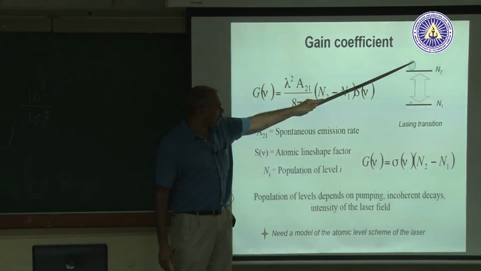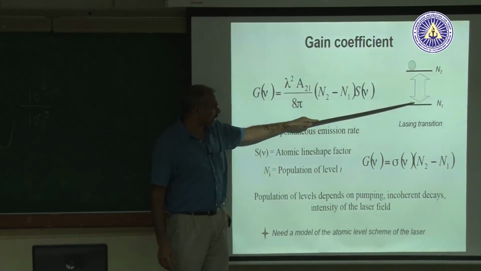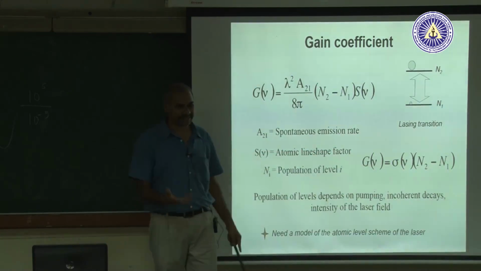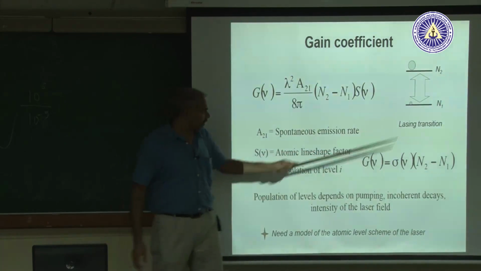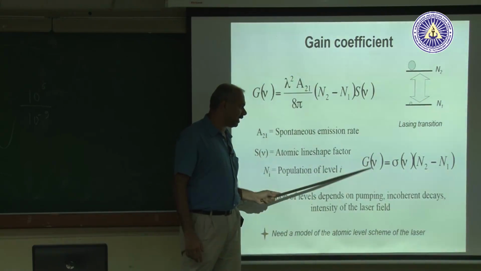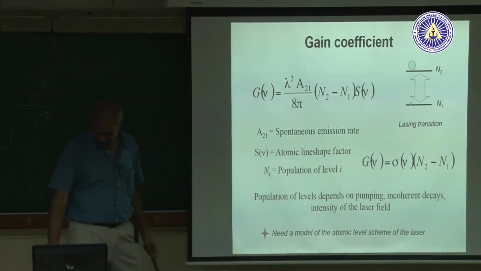Usually in the ground state electrons are more, so N2 minus N1 is always negative. If gain is negative, there is only absorption. Only when you make N2 larger than N1 can you start having gain, which is a positive number, and that is what you require to make a laser.